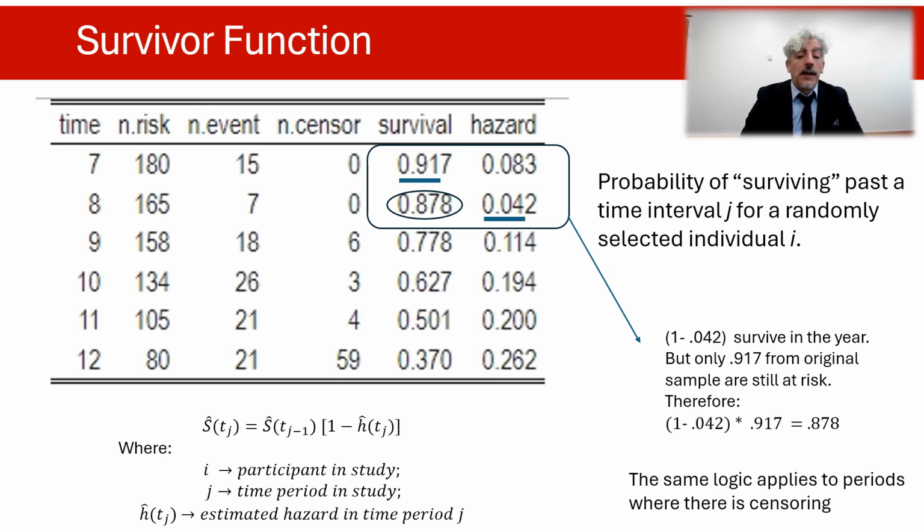So the formal definition indicates that the survival function for interval j is the product of the survival function in the previous interval, j minus 1, and 1 minus the estimated hazard function for period j.